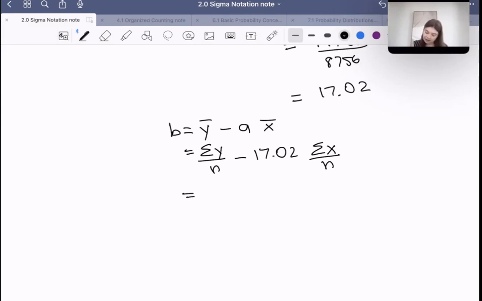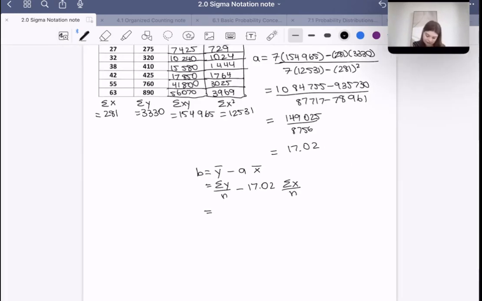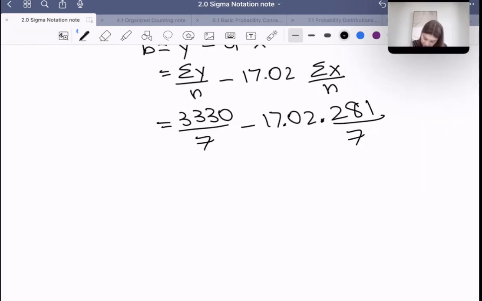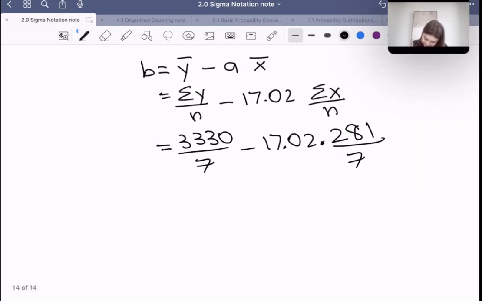And then A, we already figured out, was 17.02. Awesome. Okay, so this is going to be 3330 over 7 minus 17.02 times 281 over 7, like that, which is equal to negative 207.47.